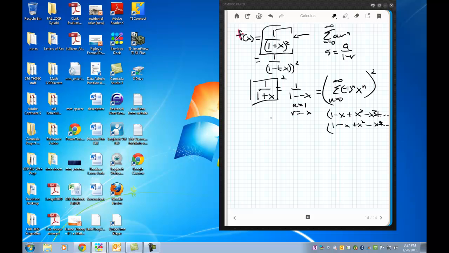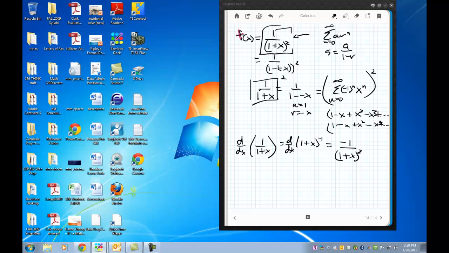So I'm going to use a trick. Let's look at something here. If I take the derivative of 1 over 1 plus x, that's the same thing as the derivative of 1 plus x to the negative 1, which turns into negative 1 over 1 plus x squared.